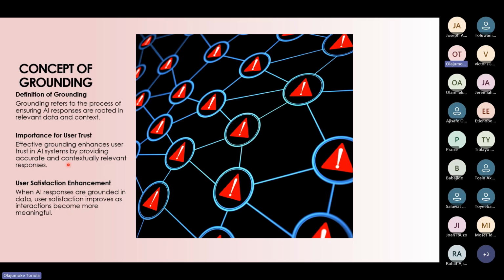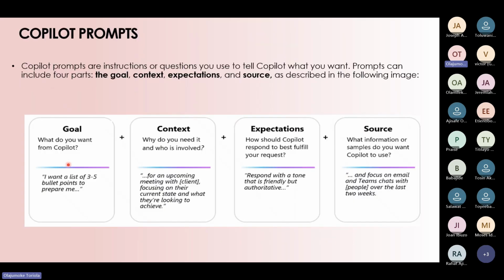Now, one of the other concepts I want you to understand is Copilot prompts. Olalekan touched on this last week. Prompts are instructions or questions you use to tell Copilot what you want. Like he said, it can be divided into four parts.